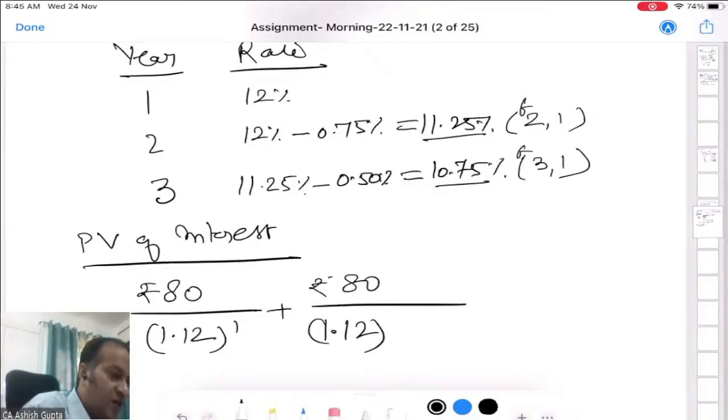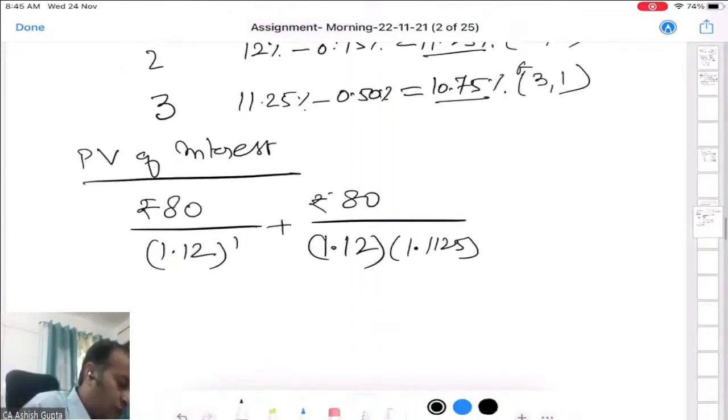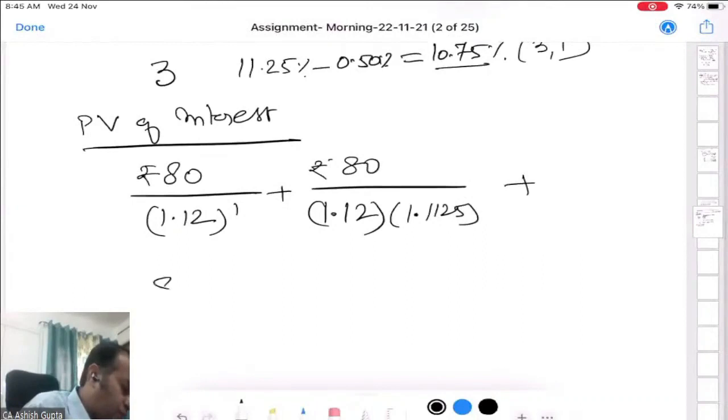the first year rate of interest will be the same. Plus, I'm writing out here.